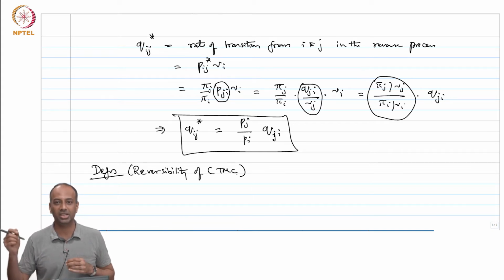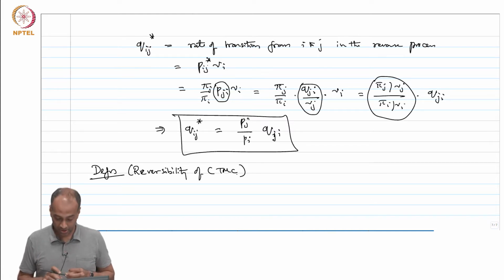Reversibility means that the reverse Markov chain and the forward Markov chain have the same transition probability matrix. So, in the same spirit we will define a CTMC to be reversible.